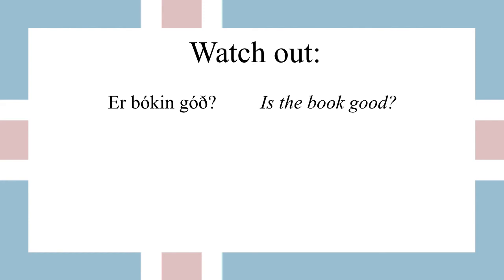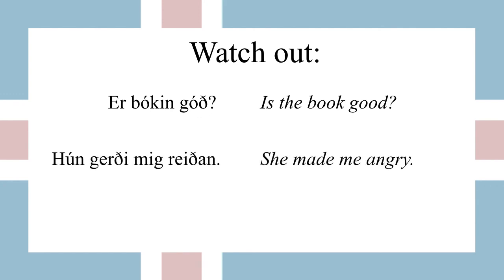One of the other things that I said earlier is that when you have an adjective in predicative position, it's almost always in the nominative form, but it doesn't actually have to be. I could probably make an entire video just on this subject, but I'm not going to right now. But here's the example. Hún gerði mig reiðan, which means she made me angry.